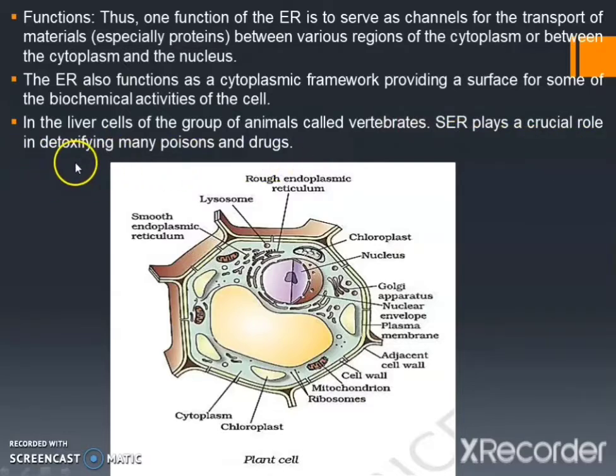They help in detoxifying many poisons and drugs, the various poisons and chemical drugs that go into the body. Detoxified means to remove the toxin. Toxins are harmful substances, and they help in removing them, right?